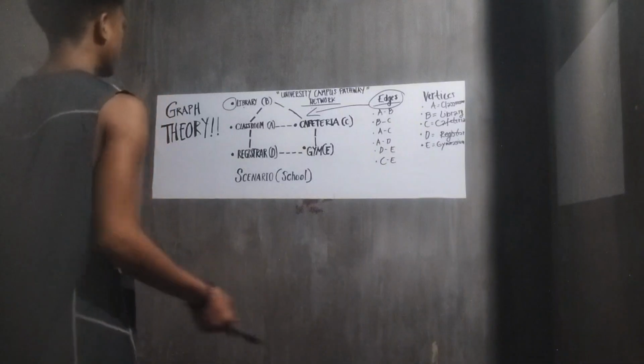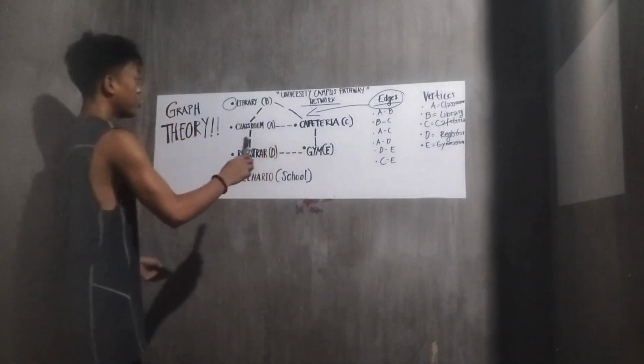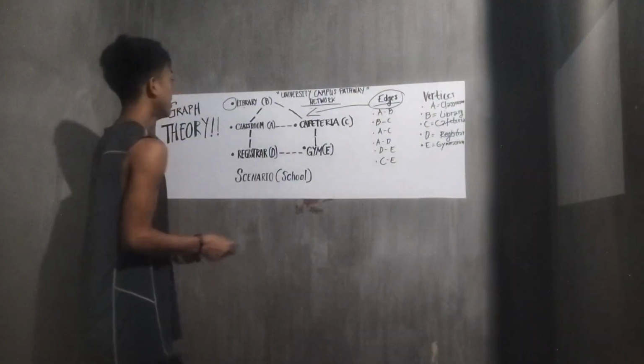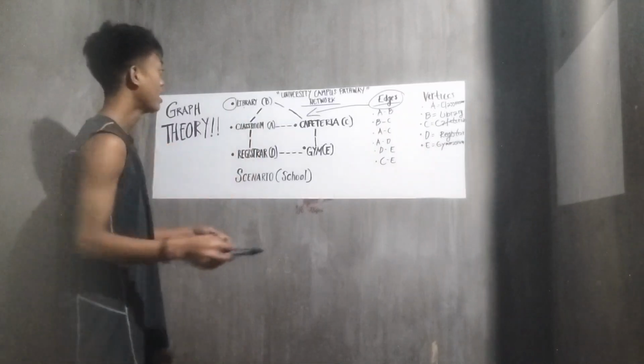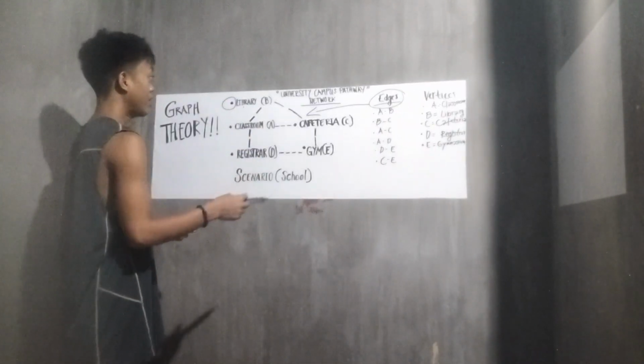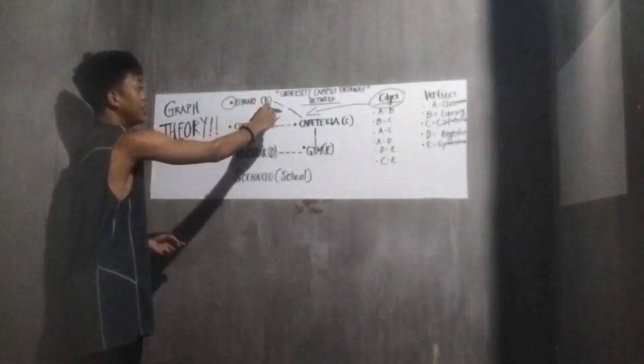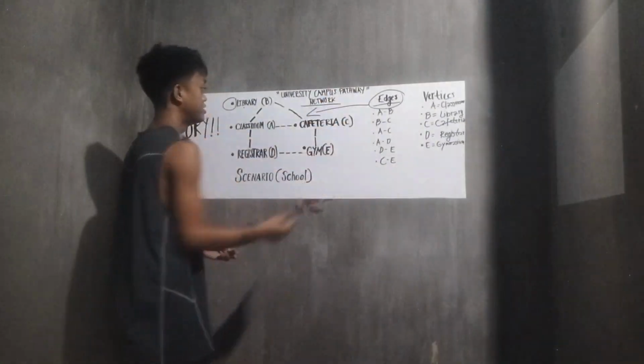Again, in this graph, each campus facility is represented as a vertex, while each pathway between campus facilities is represented as an edge.